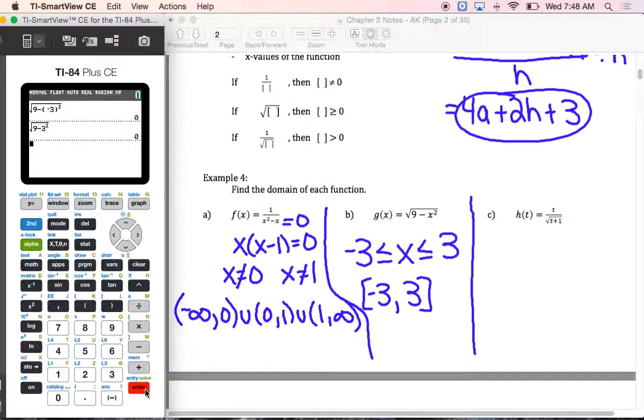Now for our last one. Again, go to your y equals, clear out what you got. So I've got x divided by square root x plus 1, hit graph.